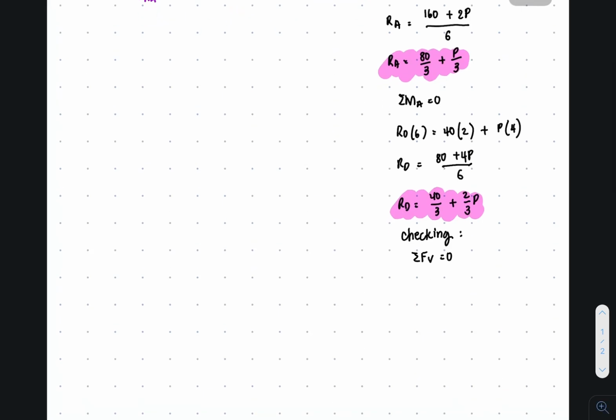So you have RA plus RD, and that's equal to 40 plus P. So let's just check.